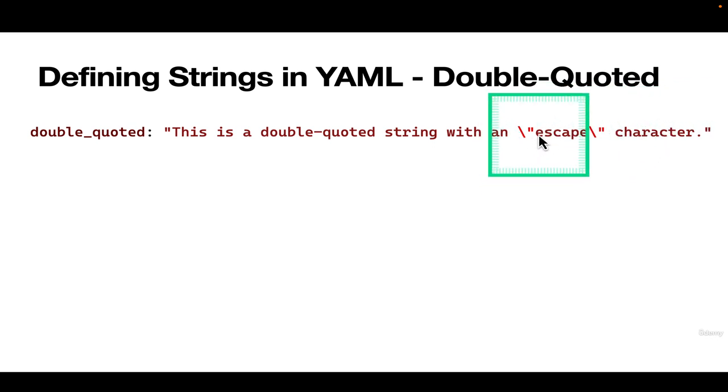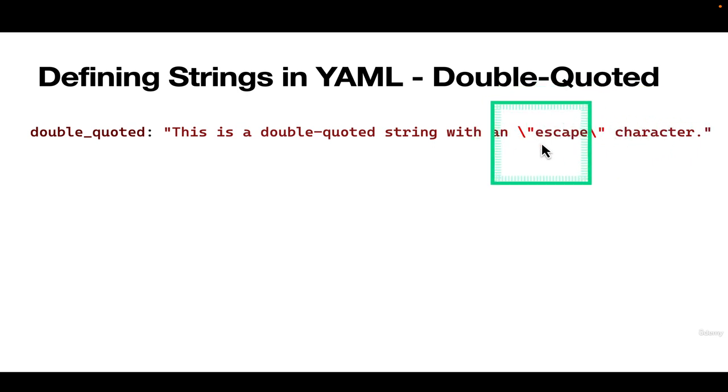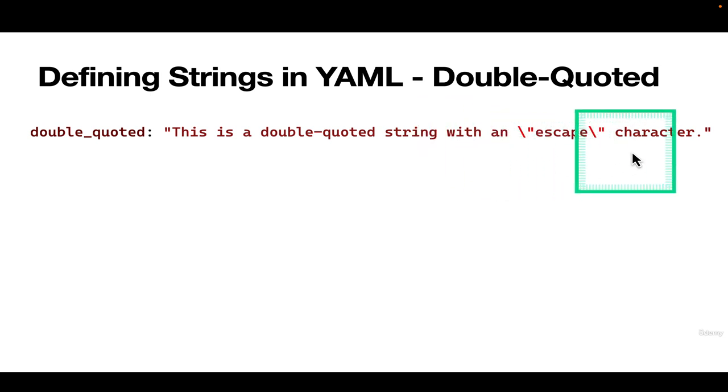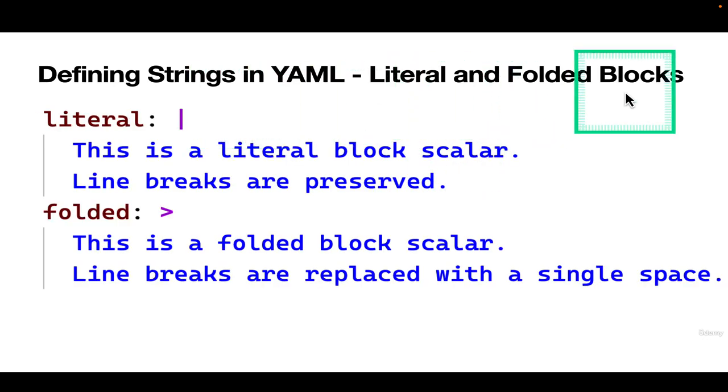Because I want to have a double quote within this, I have to put an escape character. To include a double quote inside a double quoted string, use an escape character, which I have done, followed by the double quote.